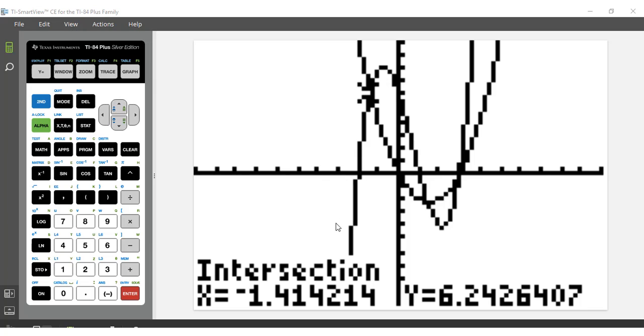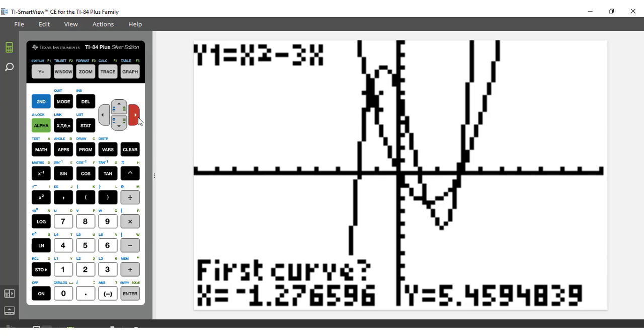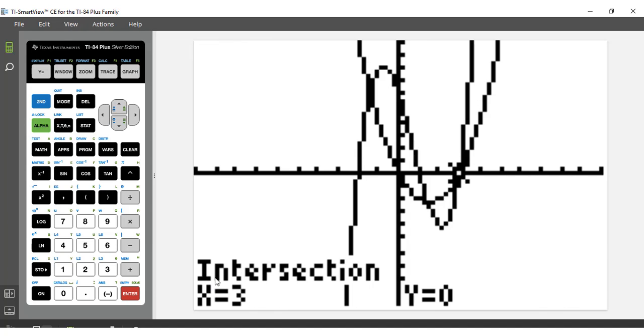Now let's figure out the intersection on the very right side. So we do second trace. Go to 5. Move the arrow close to that intersection. Then you press enter, enter, enter. So you get x equal to 3.